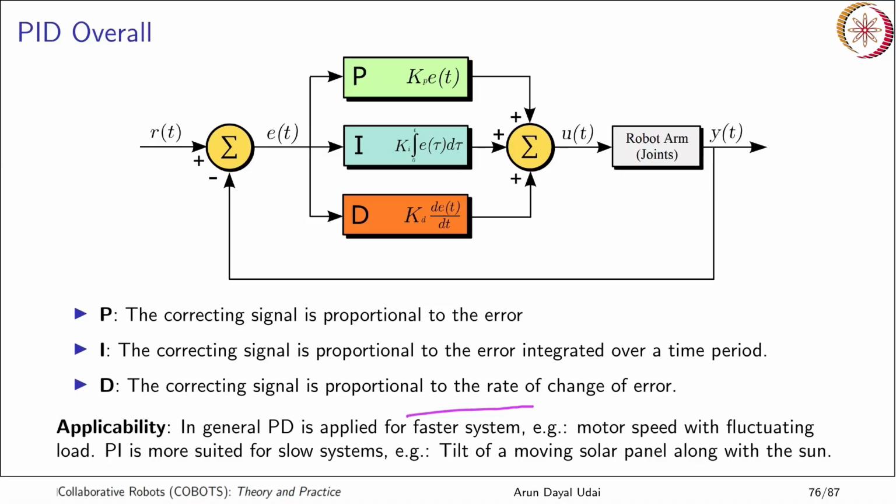That is for motor speed with fluctuating load. If the load is fluctuating, motor speed gets fluctuated. Let's say you have a generator with varying load on it, a 500 watt generator for your domestic purpose. You switch on a heater all of a sudden. What will happen? It will have some back torque, a torque that comes due to the load all of a sudden.